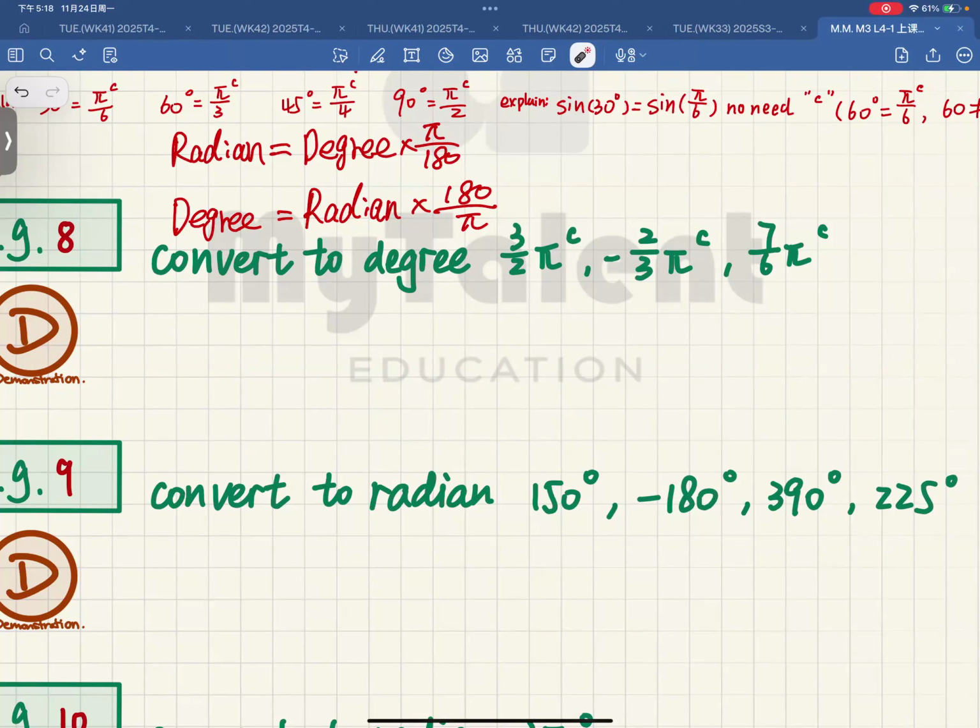So negative 2 times 60. Is that faster? Yeah.